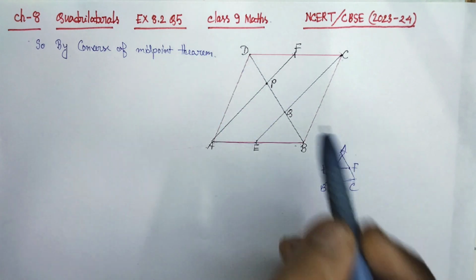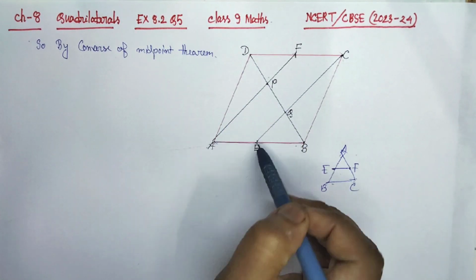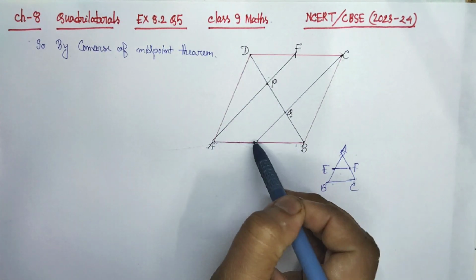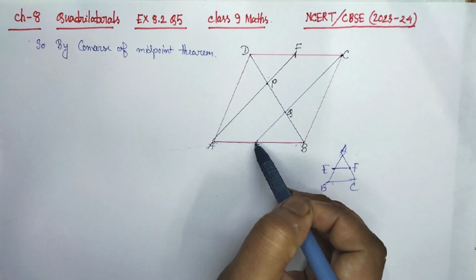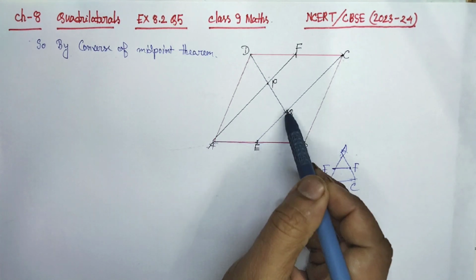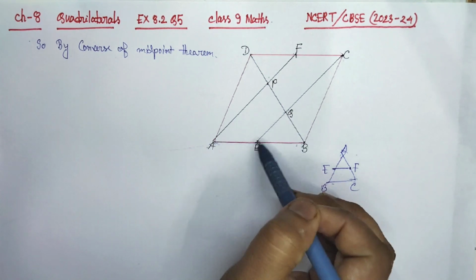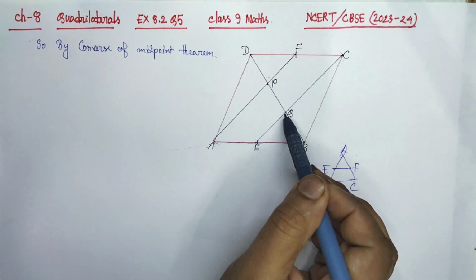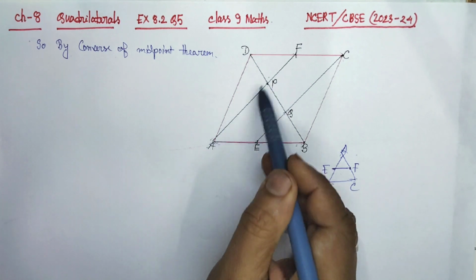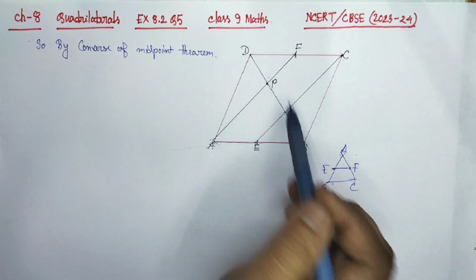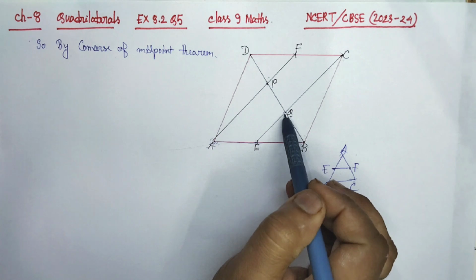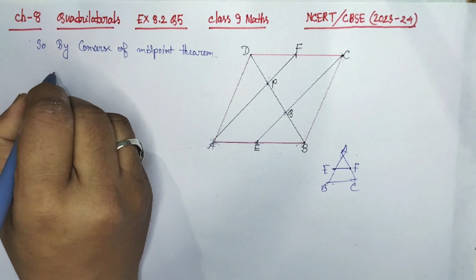So in triangle ABP, EQ is a line through the midpoint of AB and it is parallel to AP, that means another side, and it bisects the third side, that means Q is the midpoint of PB.